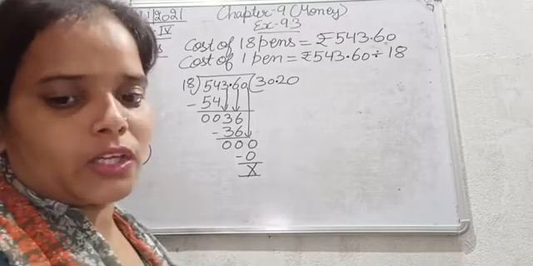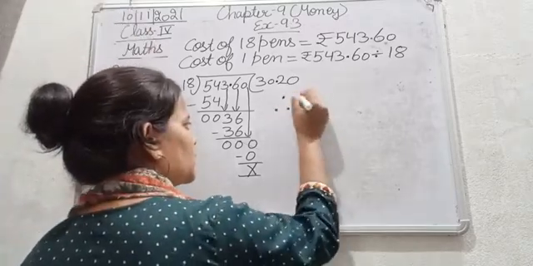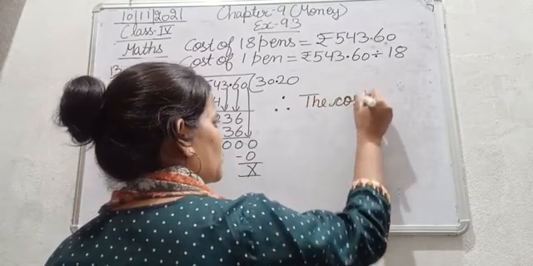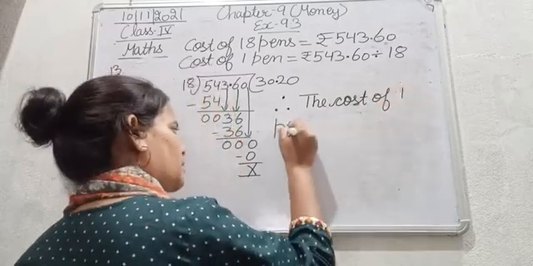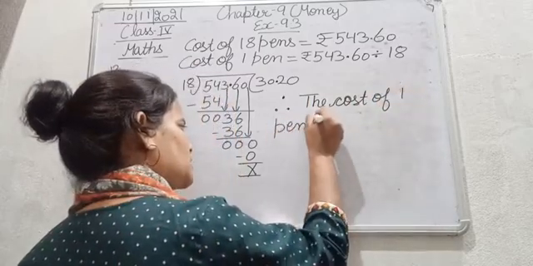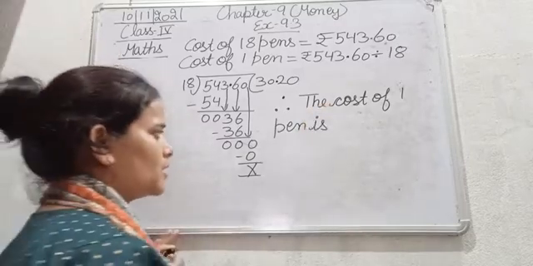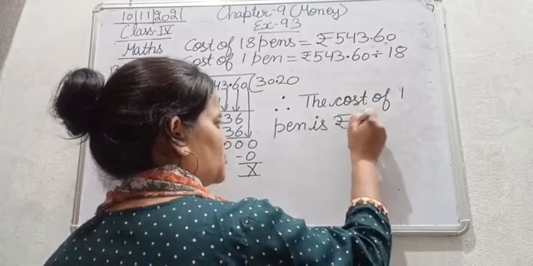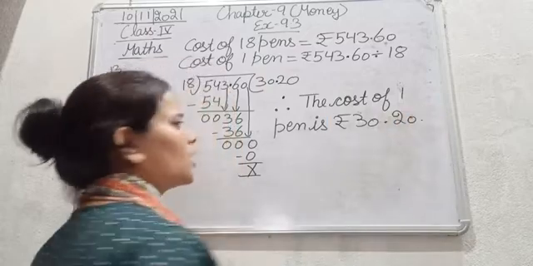The question was to find the cost of 1 pen. Therefore, the cost of 1 pen is 30 rupees and 20 paisa.